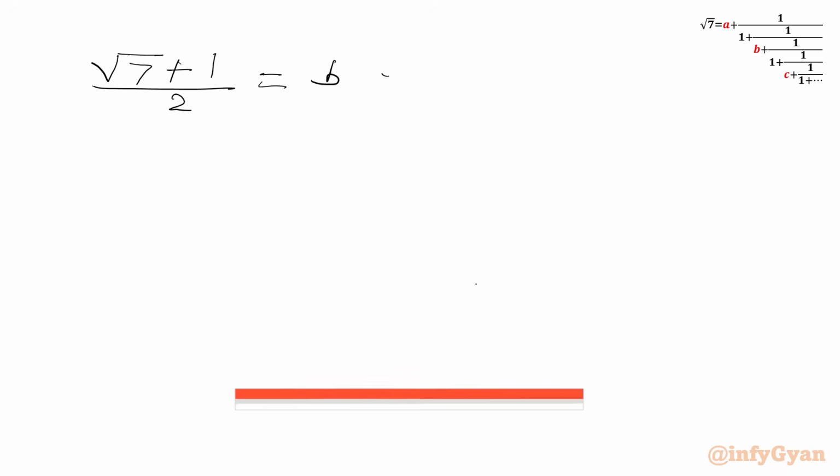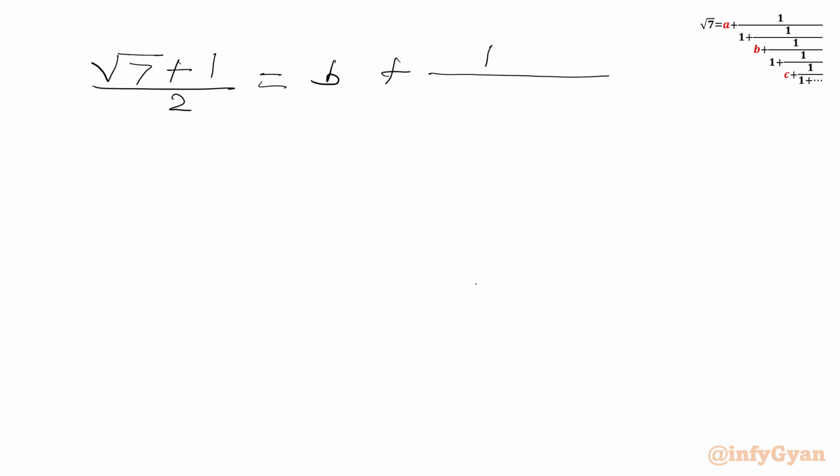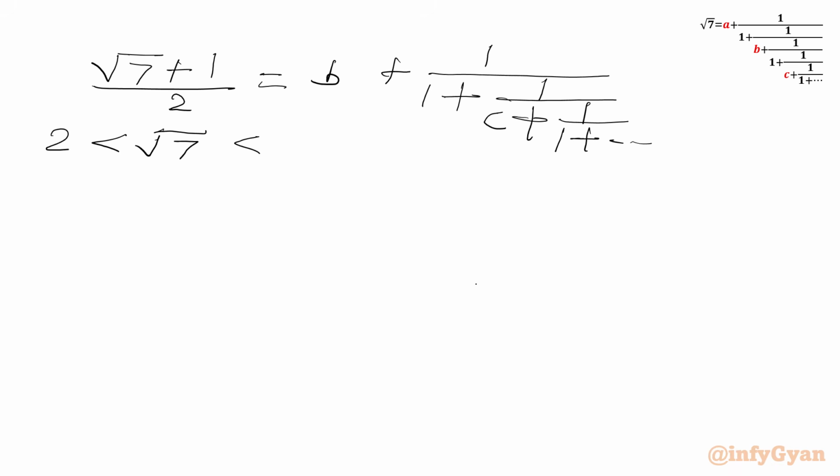Let's write here. Square root 7 plus 1 over 2 equal to b plus 1 over 1 plus 1 over c plus 1 over 1 plus up to infinity. Now we know that root 7 is in the interval of 2 and 3.